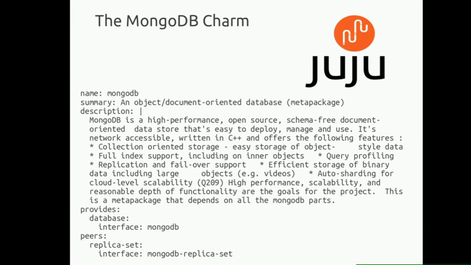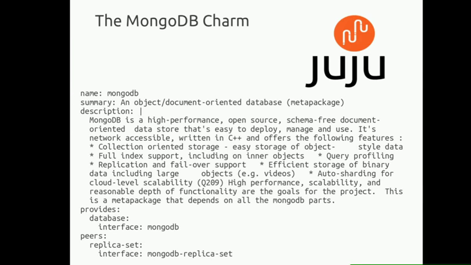The MongoDB charm, the charms written in Juju, the descriptions follow the YAML standard. As you can see, it's easy, just defining the providers and the peers. In essence, MongoDB provides a database layer of type MongoDB. So if you write any charm that uses MongoDB as a database backend, you can easily hook that up by adding a relationship between your charm and the MongoDB charm.